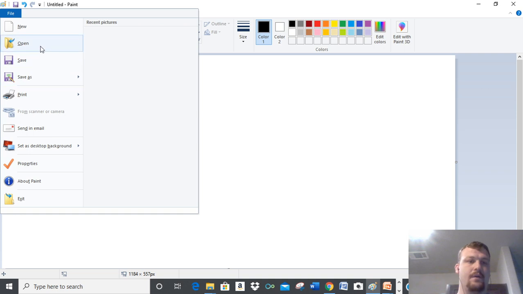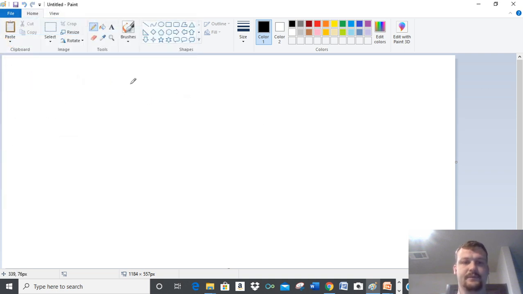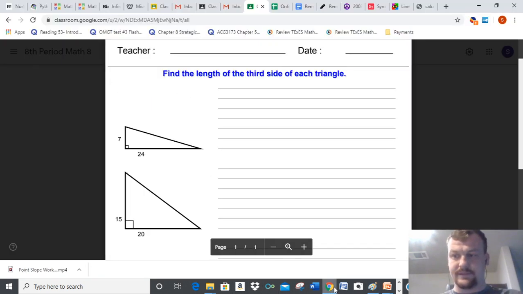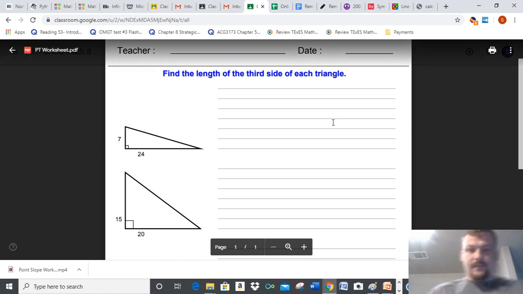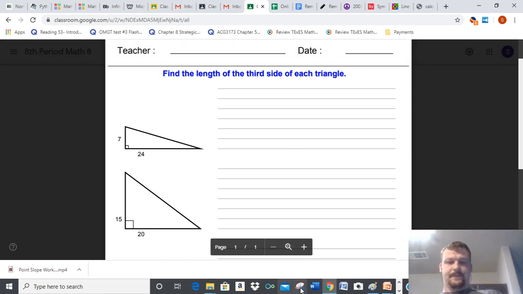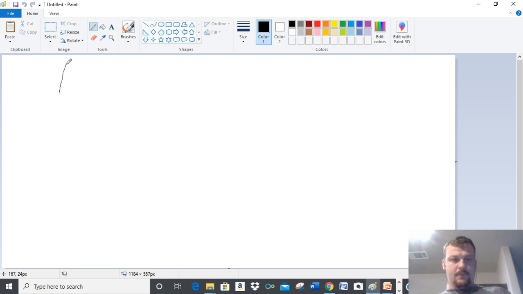For now, this is the easiest way to erase. It's probably easiest for me, I guess. But anyway, if you remember, the formula is A squared plus B squared equals C squared.